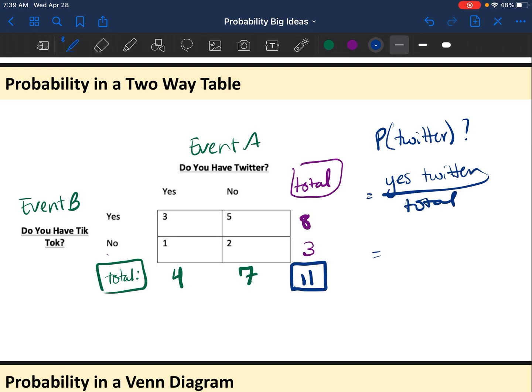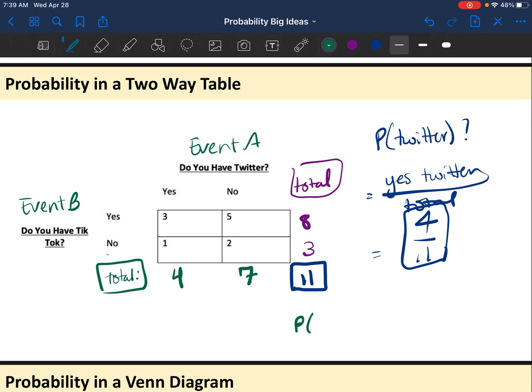So when I look at this, I see Twitter and I see yes. It's not just this number. A lot of students think it's 3 because that's the first number. But this person here also has Twitter. So you want to make sure you go down to that total number. 4 over 11. The probability of having a Twitter account is 4 out of 11.